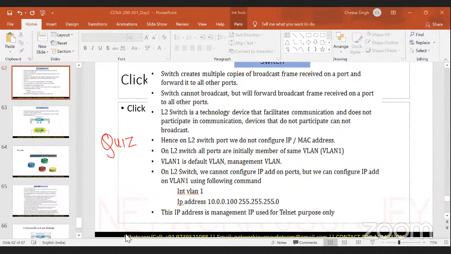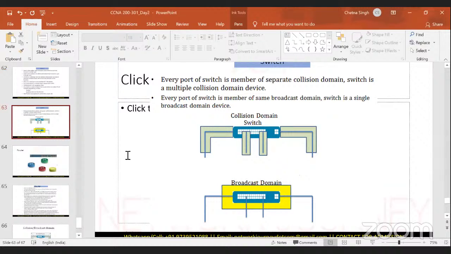Just explain the broadcast domain again. The broadcast domain is basically, as I said, that under two scenarios my switch keeps all the ports in broadcast mode.